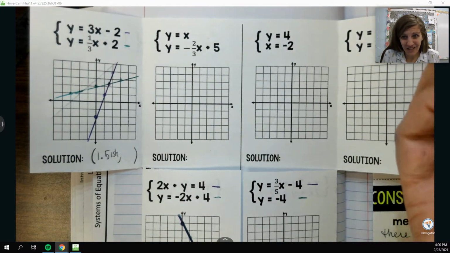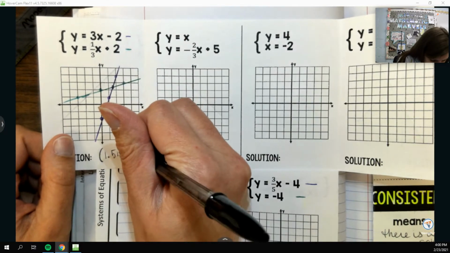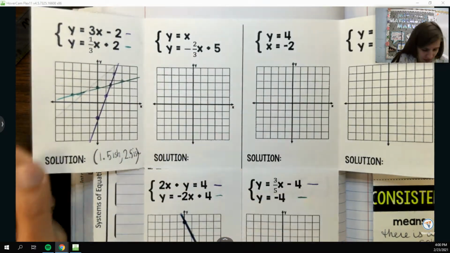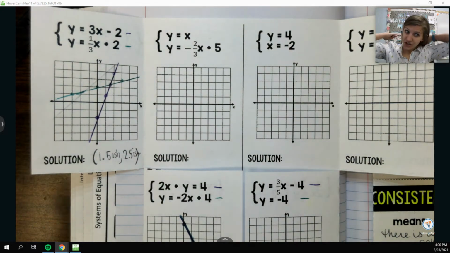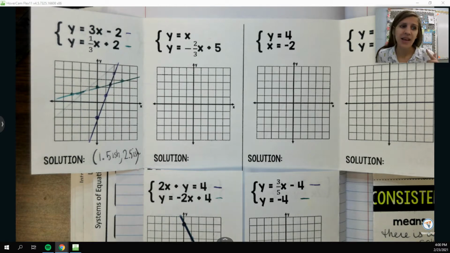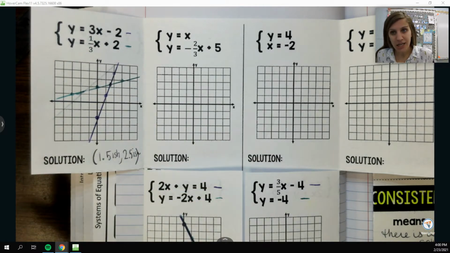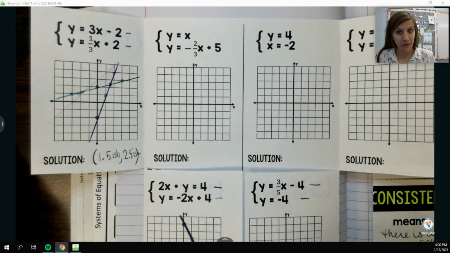I don't know. It's kind of hard to tell. It's like 2.5-ish. And it's not great to have ish answers. So eventually we're going to talk about how we can find, like I said, exactly where they cross. Now I can see that they are going to cross. So we'll do the best we can for now, but eventually we're going to want to find that real answer.